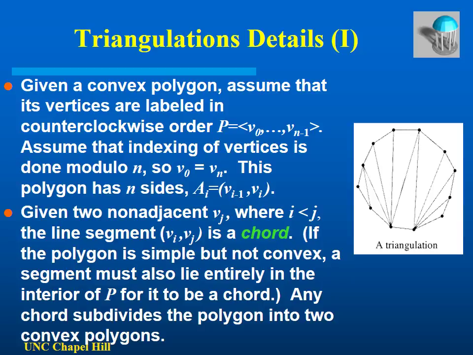These chords will lie entirely inside the object, except for their endpoints, unless the I and the J are adjacent modulo n, which is the number of sides.